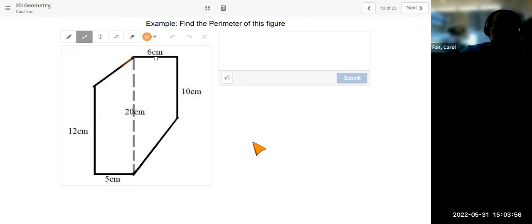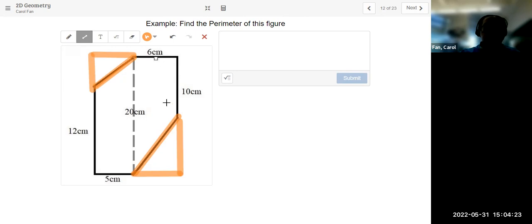So I don't know what the value of this side is, and I also don't know the value of this side. But I'm able to use Pythagorean relation to help me find the value. I'm going to extend my rectangle, and I'm going to use the clues that are given to help me find the sides.